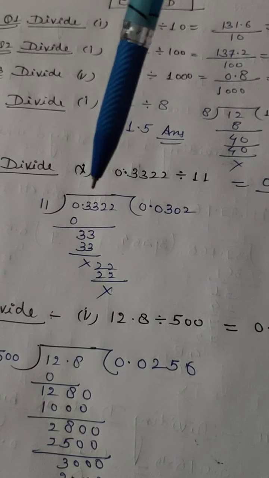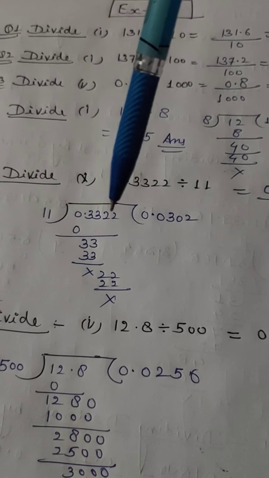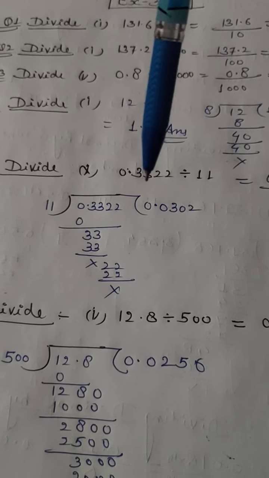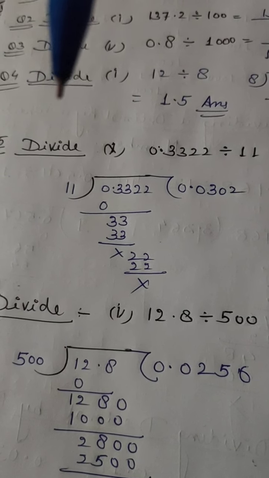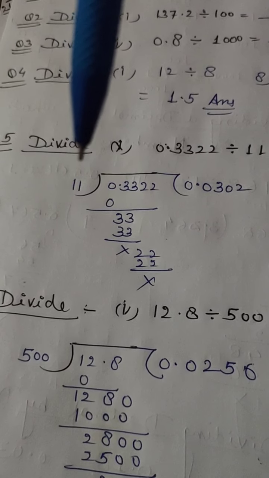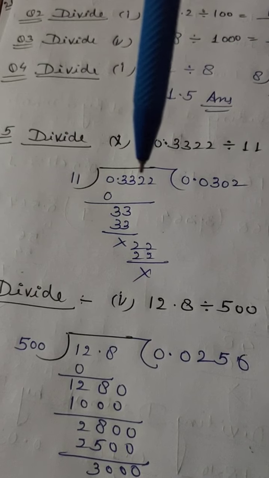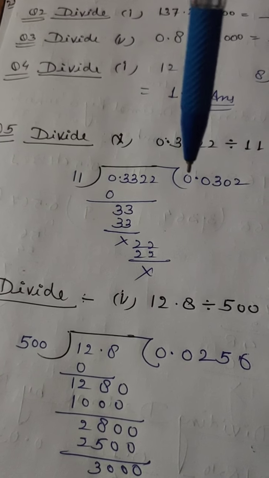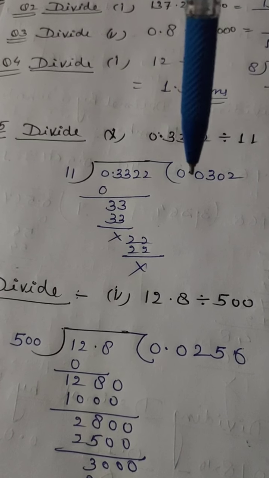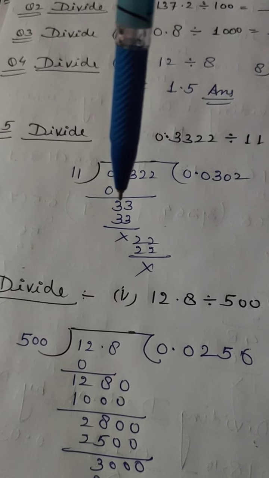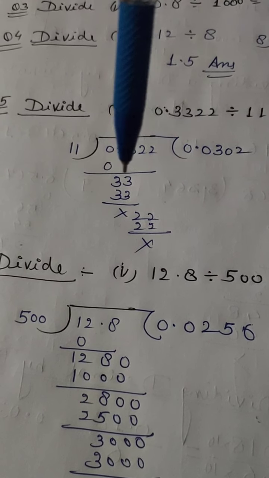So what I have done? I have written 0.3322, then I have performed the normal division. 0 is put over here, then I have taken out 3, so 3 cannot be divided by 11.